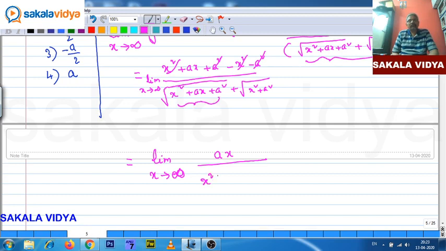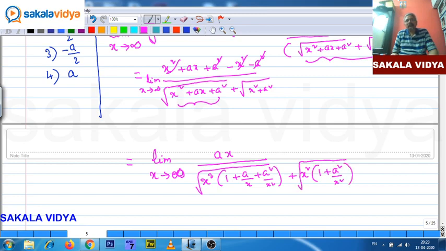If you take x square common, we have root of 1 plus a by x plus a square by x square, plus, here also take out x square common, root of 1 plus a square by x square.